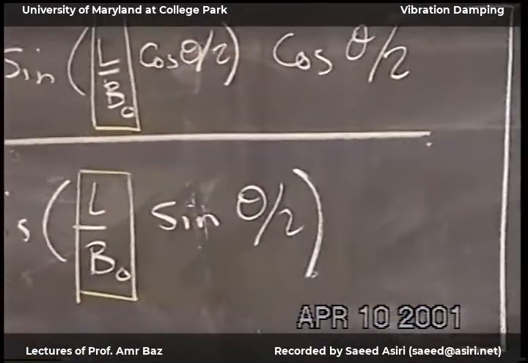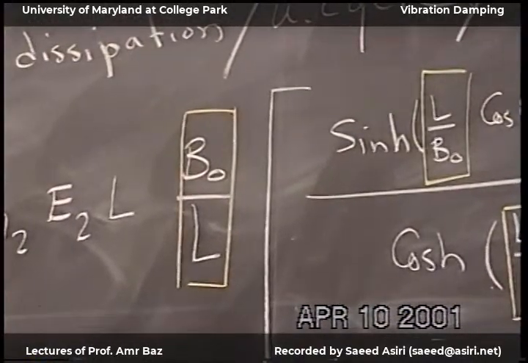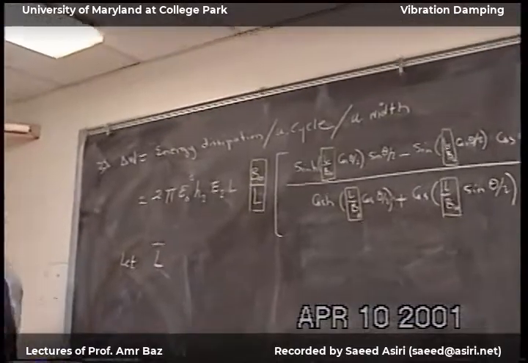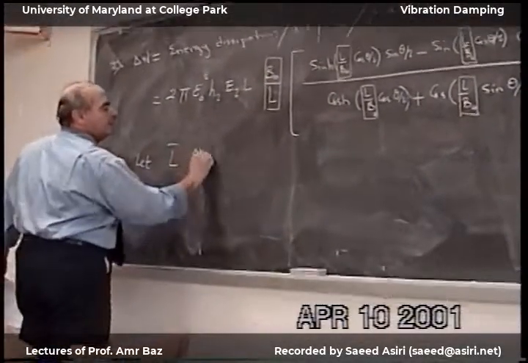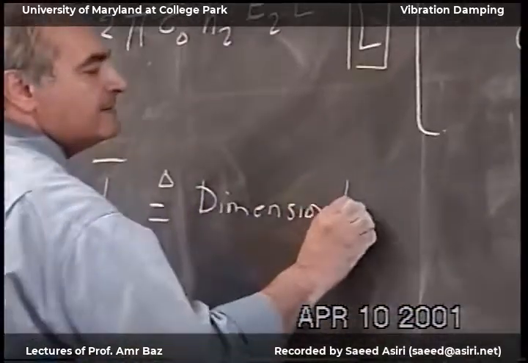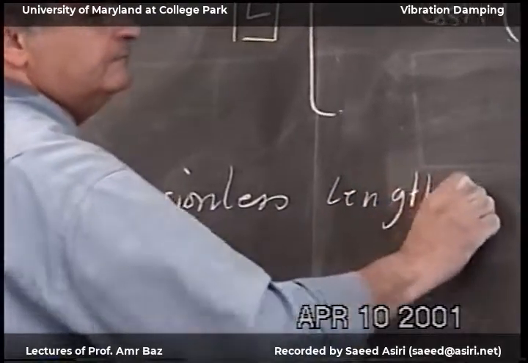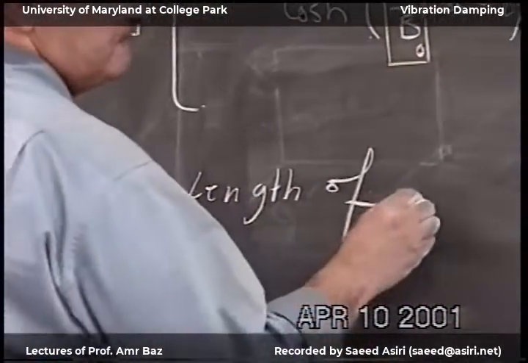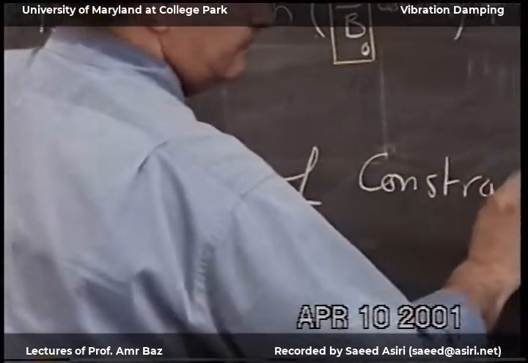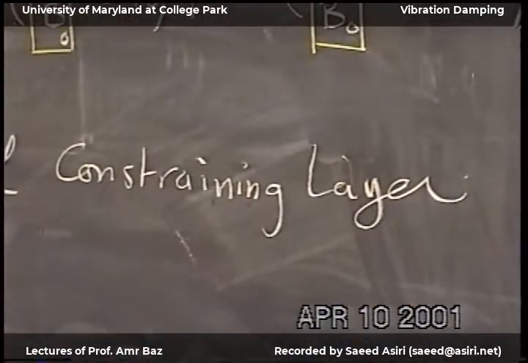I will say here let L bar be the dimensionless length of the constraining layer. And why?